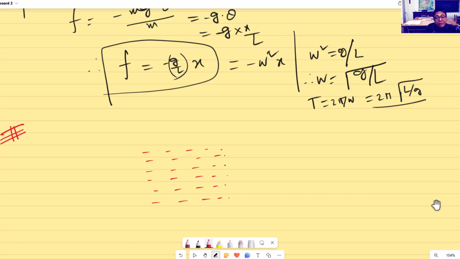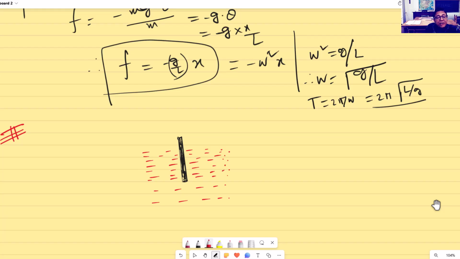There is a cylinder, and this cylinder is floating here in a liquid. Density of the liquid is known.